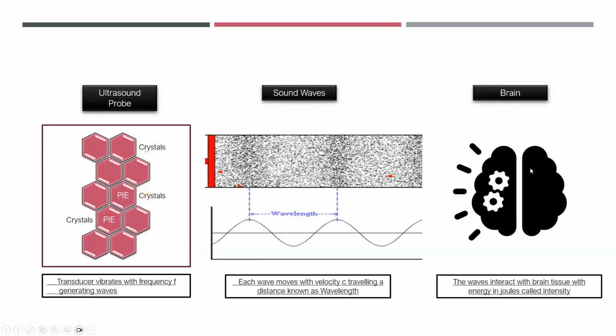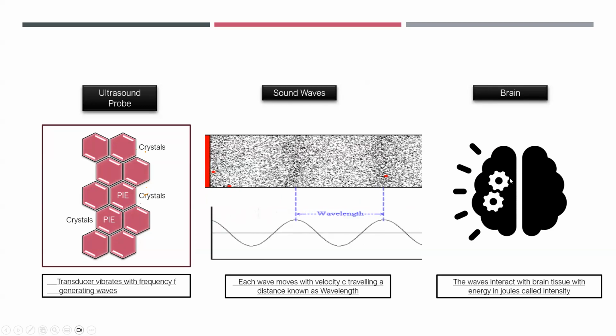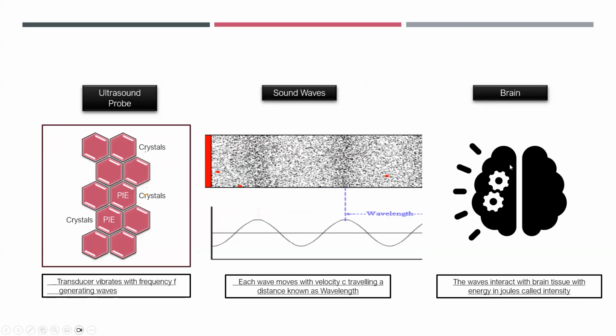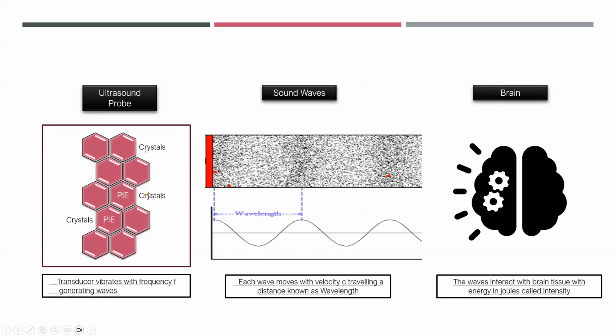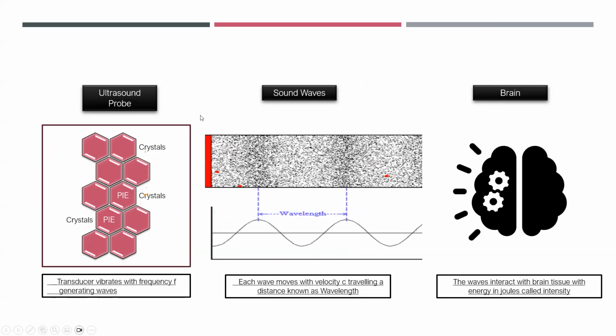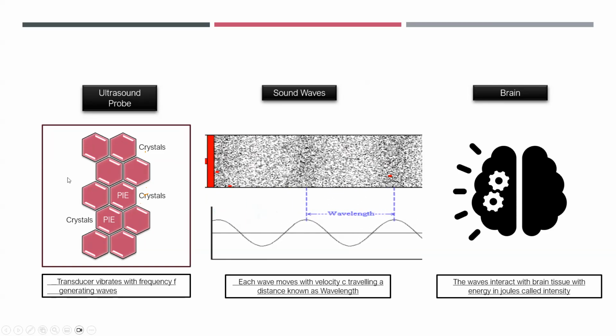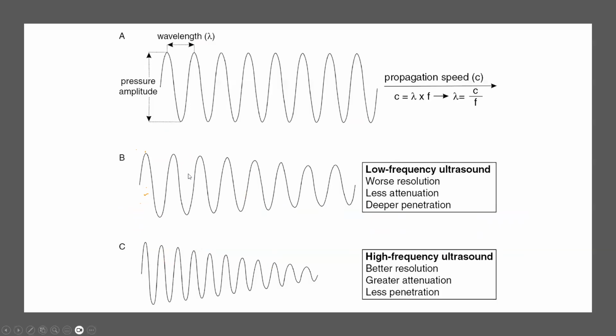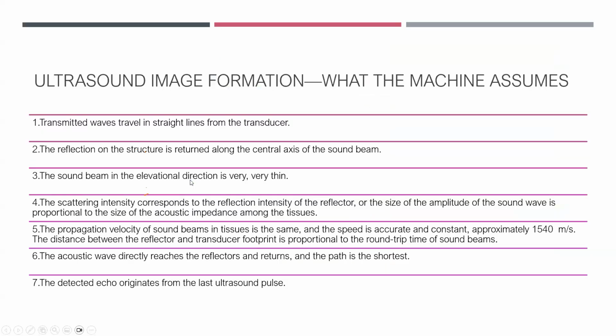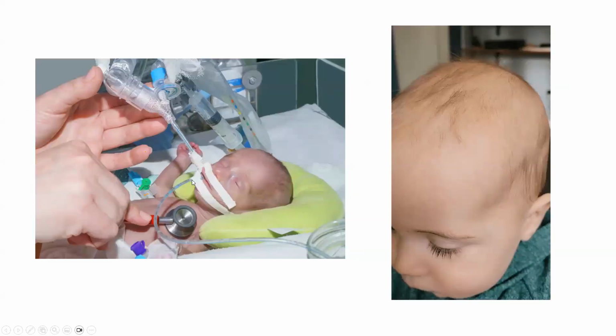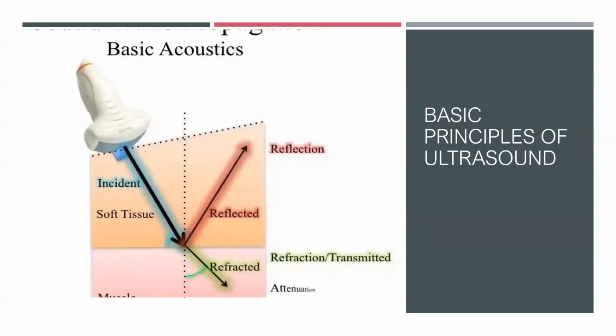But there will also be reflection of the internal structures of the brain, and they will take a longer time to reach the ultrasound machine. The ultrasound machine actually assumes that it sent all the sound waves and they come back at the same time. And for that reason, what we assume is that we'll always get very good images. But actually, what you need to do is play with your machine in order to get images. And that is because of the basic properties of sound.